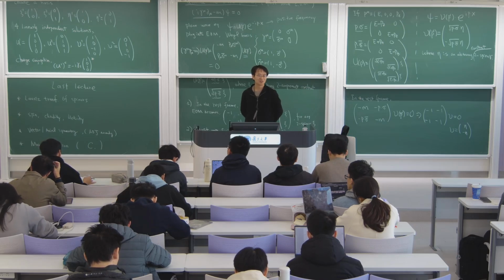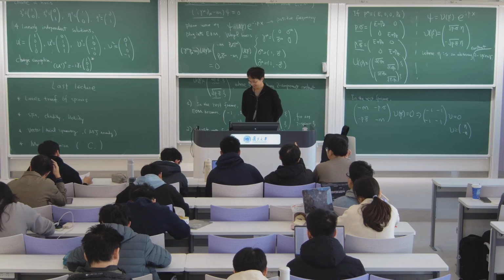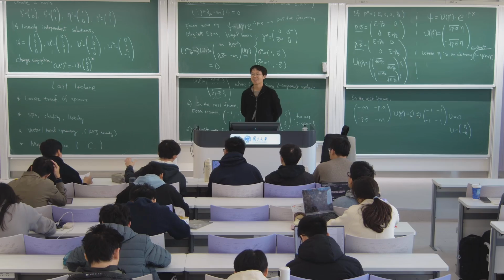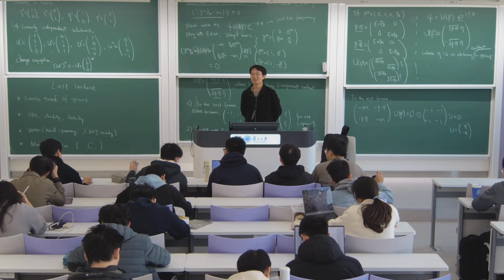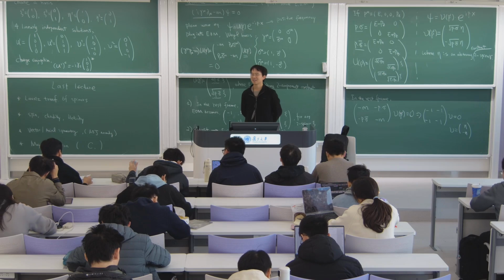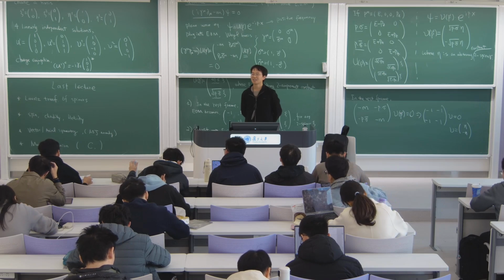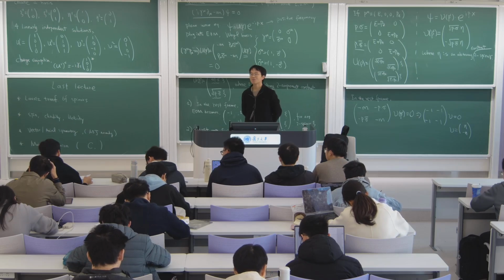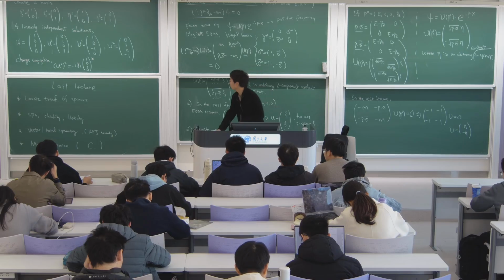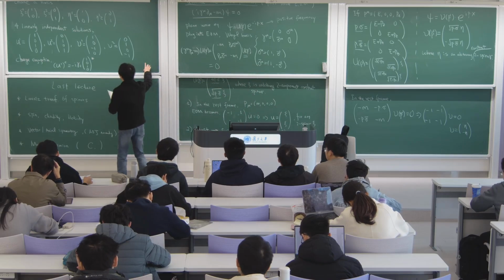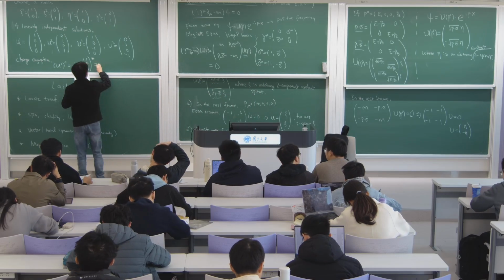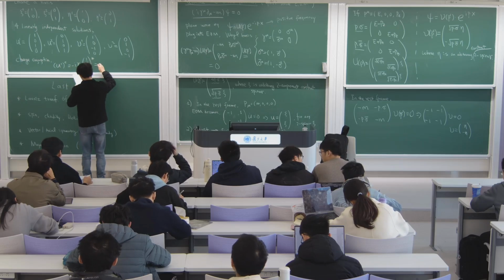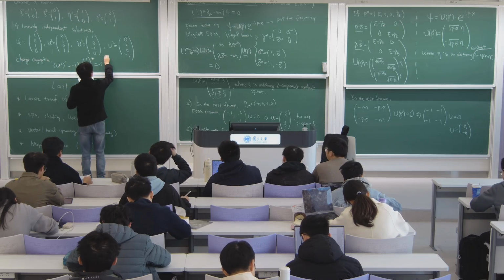What is the result? Let's do it together. So this would be minus i times gamma 2.